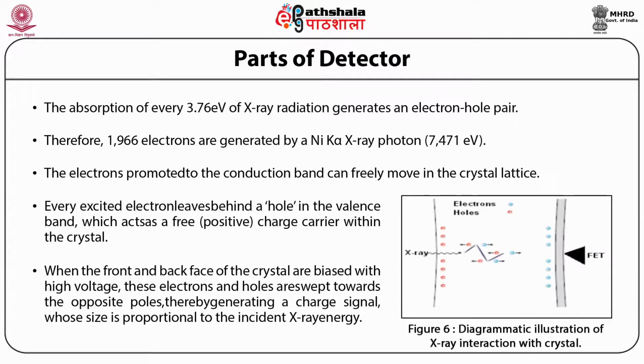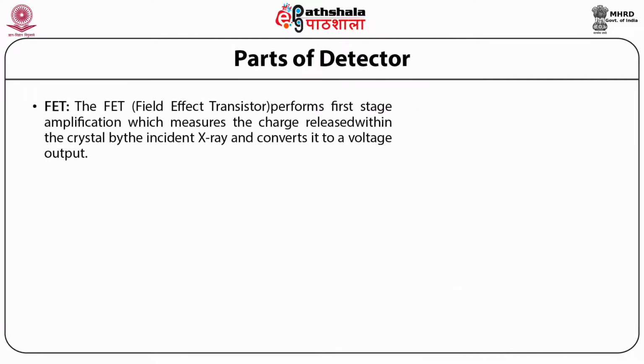The diagrammatic illustration of X-ray interaction with the crystal is shown in figure 6. FET, the field effect transistor, performs first stage amplification, which measures the charge released within the crystal by the incident X-ray and converts it to a voltage output.